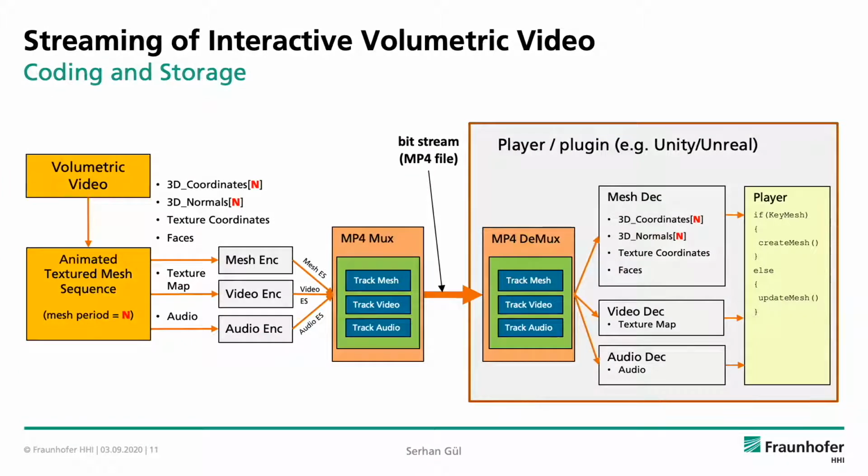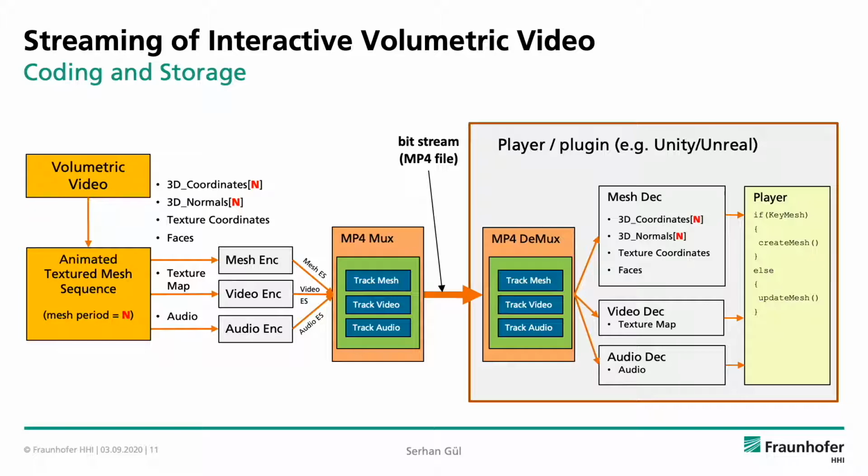So after the creation of the animatable volumetric video, we have textured mesh sequences with a period n, meaning that each n consecutive frames are temporally stable among themselves. Then we compress the individual components, mesh, texture, and audio separately, and we obtain elementary streams that are multiplexed into an MP4 container as separate media tracks.